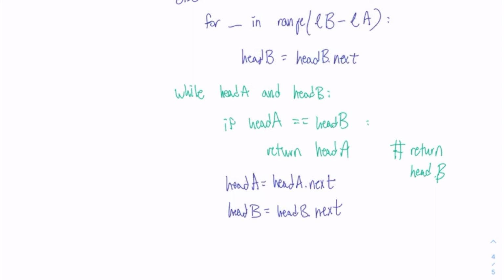Yeah, so now that we have these variables iterating while this is true, we can keep iterating until we get to the point where head A is equal to head B, and in which case we just return head A, and that's basically the gist of the function. And finally, if we never reach a merge point, we return none.